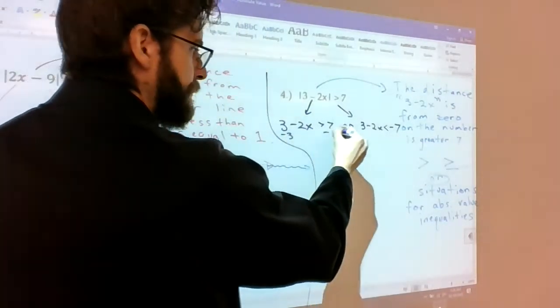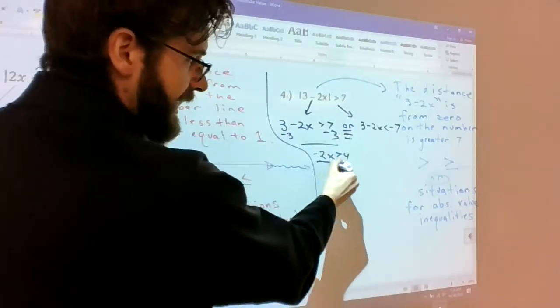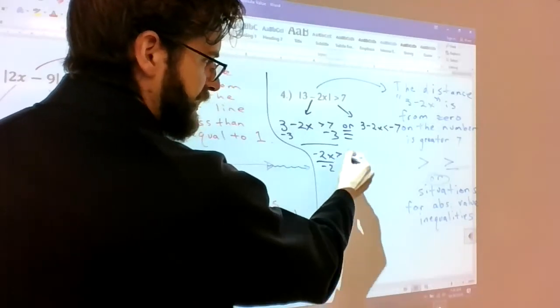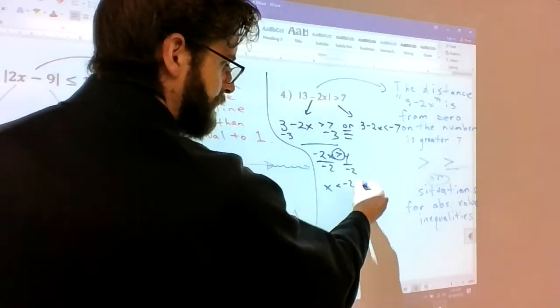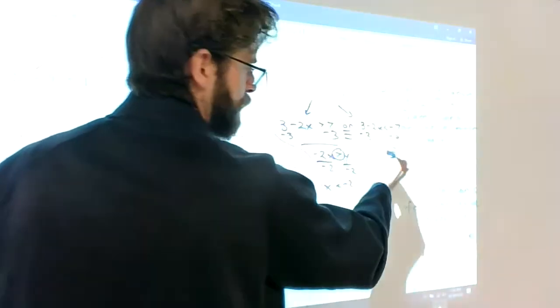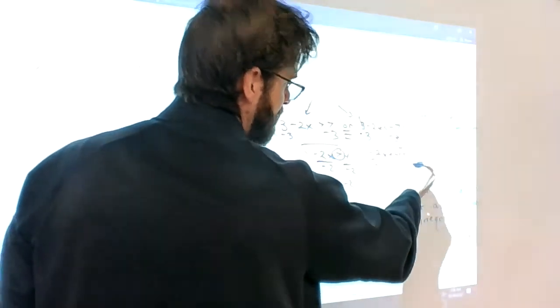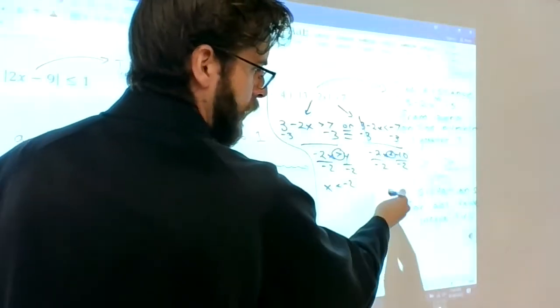So minus 3 from both sides, you get negative 2x is greater than 4. Divide by that negative, that's going to flip the direction of the inequality symbol. X is less than negative 2. Subtract 3 from both sides over here. Negative 2x is less than negative 10. Divide by a negative, that flips the direction of this inequality symbol.